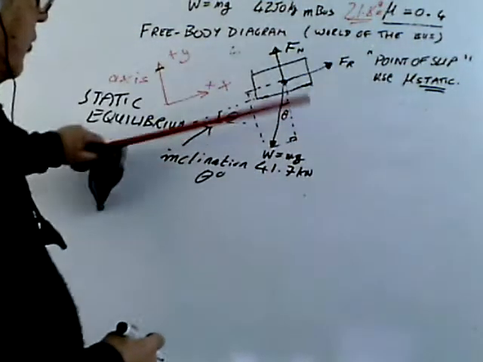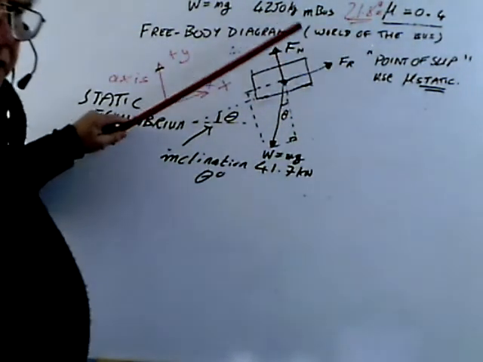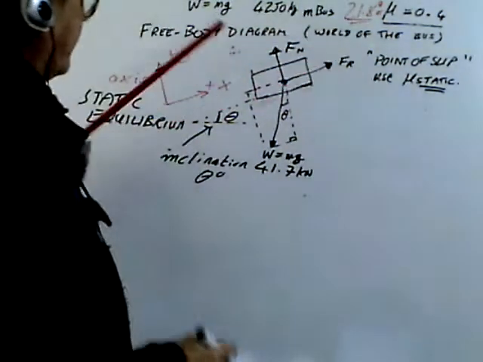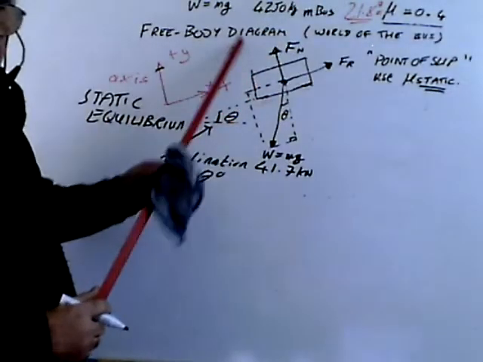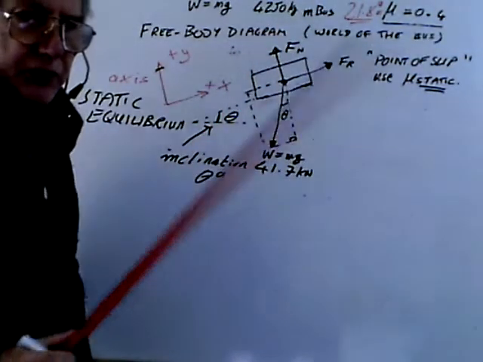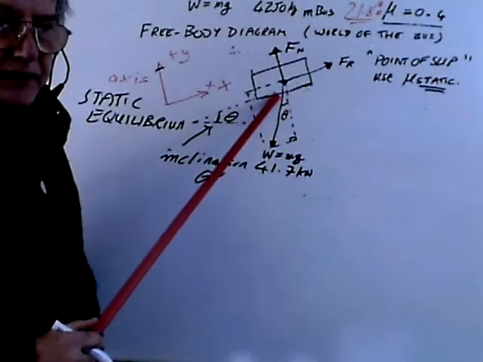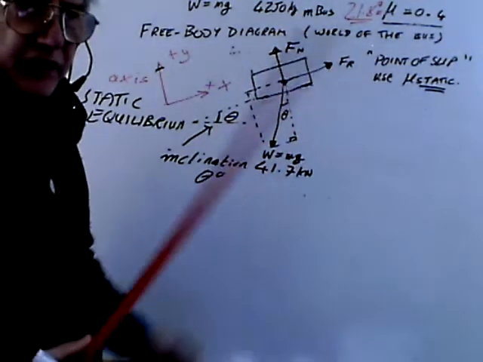Right, now we come to the real problem. The bus is sitting on an incline surface, okay? And we represent the problem with what's called a free body diagram. In the free body diagram, the object is just a block, just a square like that. The fact that it's got wheels and an engine and windows is totally irrelevant.